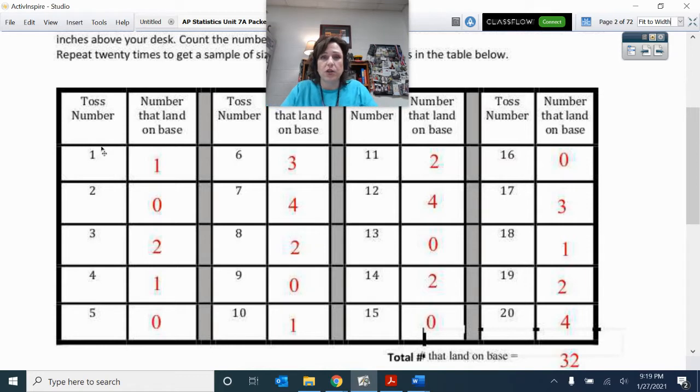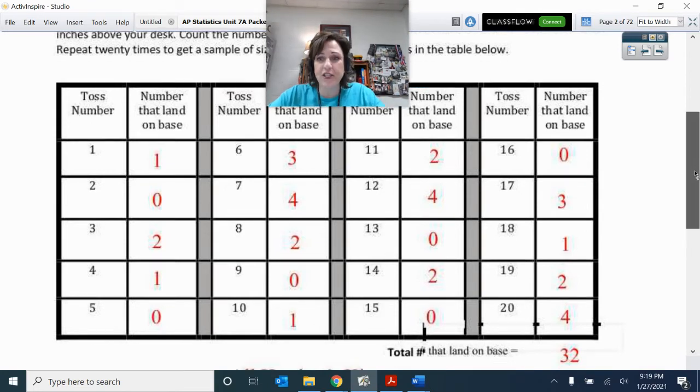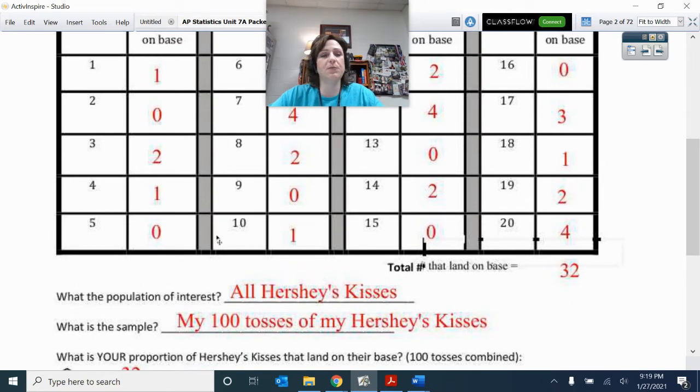So when I do 20 times of this 5, that makes a sample size of 100. So I'm going to do this 20 times and see. And so I did it, and I had 32 times out of my 100 drops that it landed on its base. 32.